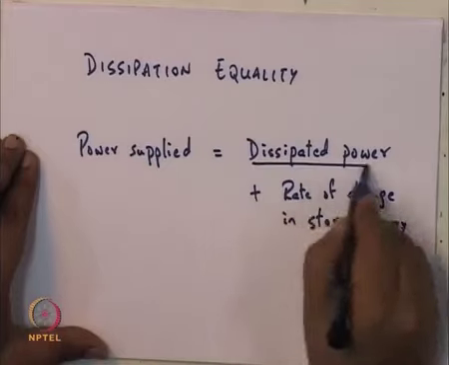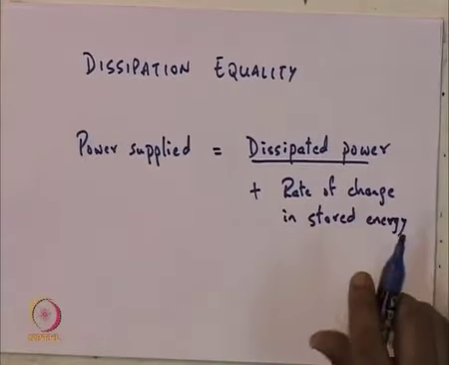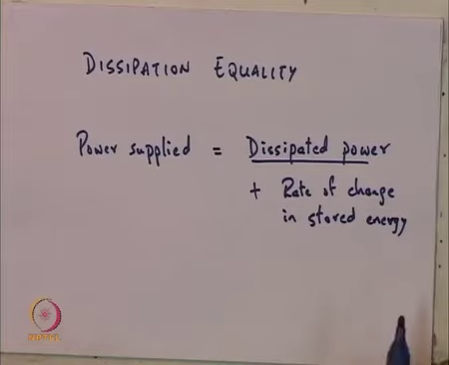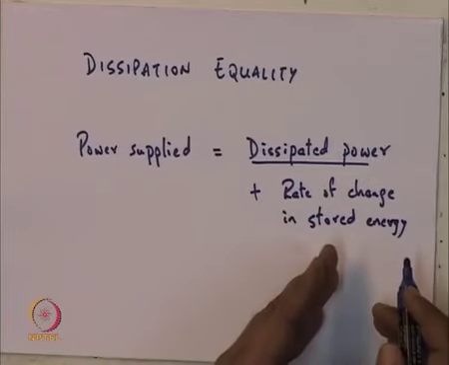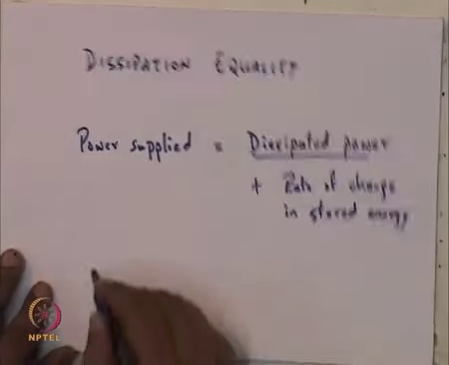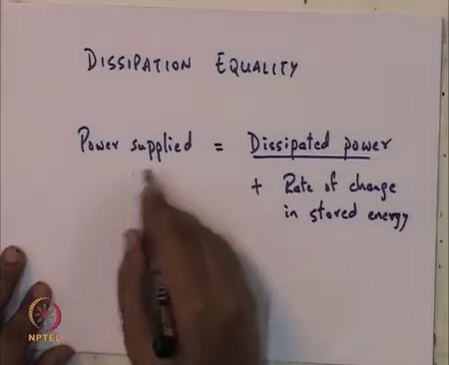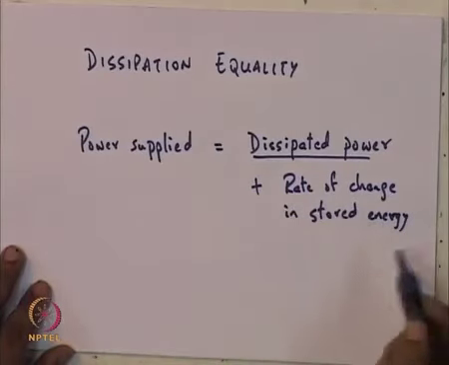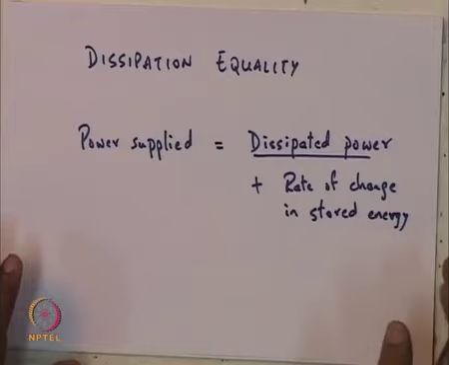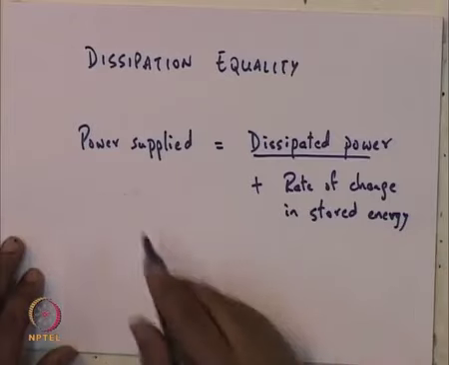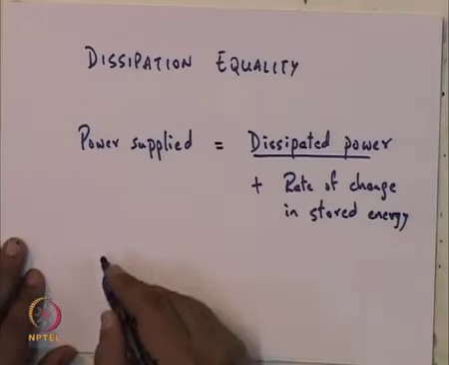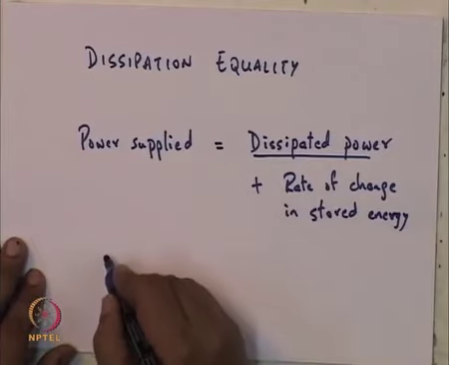Well, as far as dissipated power is concerned, this is always going to be positive. Therefore, I could take this rate of change of stored energy to the other side, and I can say that power supplied minus the rate of change in stored energy is some quantity which is always going to be positive. Now, in the case of a circuit, we can write this down.